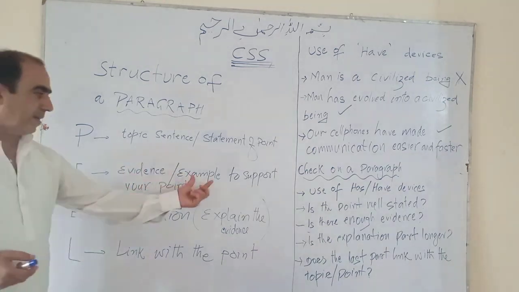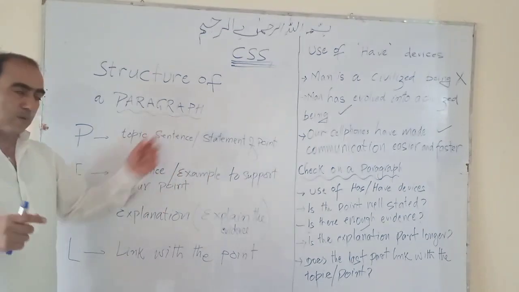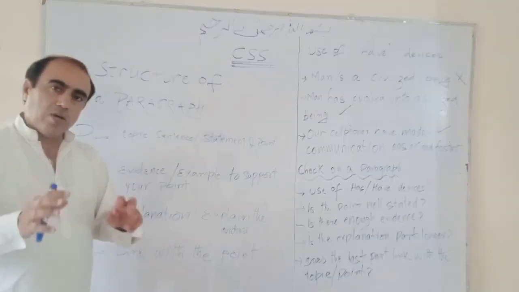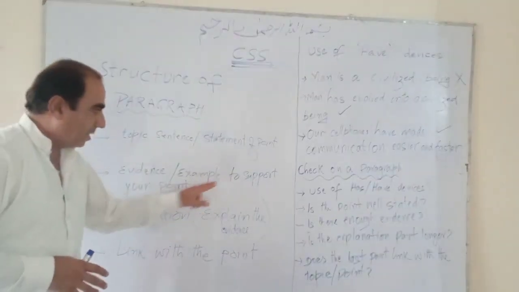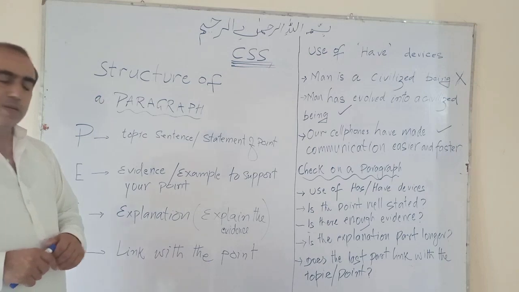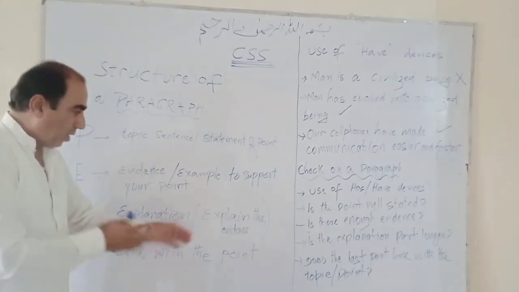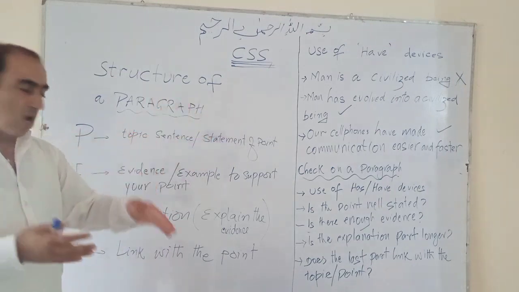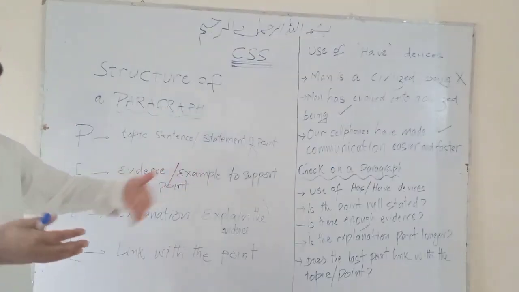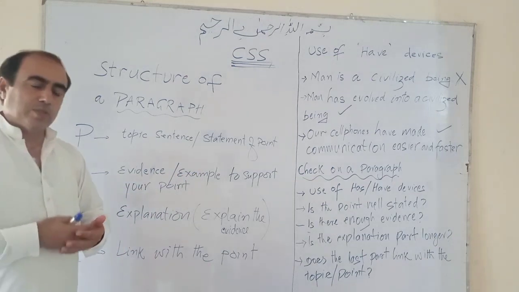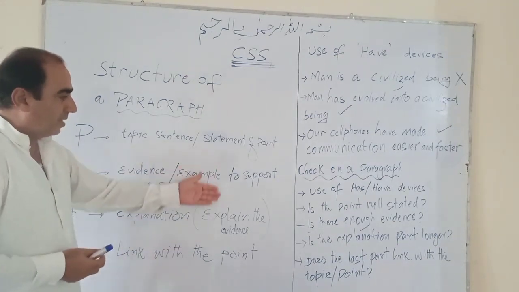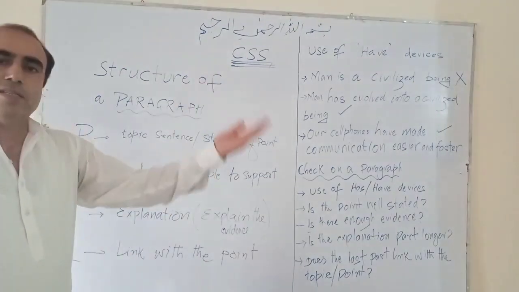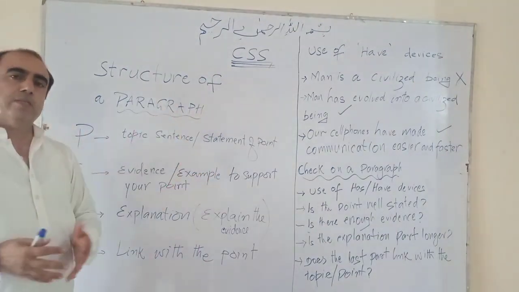And when you come up with evidence, examples that support it, then there is another E, explanation. Now, you need to explain the evidence. Whatever evidence you have given, now explain it and relate it with your topic sentence. Evaluate it, explain it. You need to tell how it is important, how these examples work on a larger, broader scale.